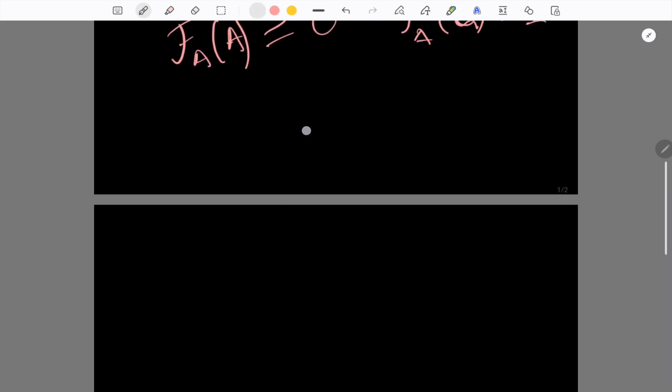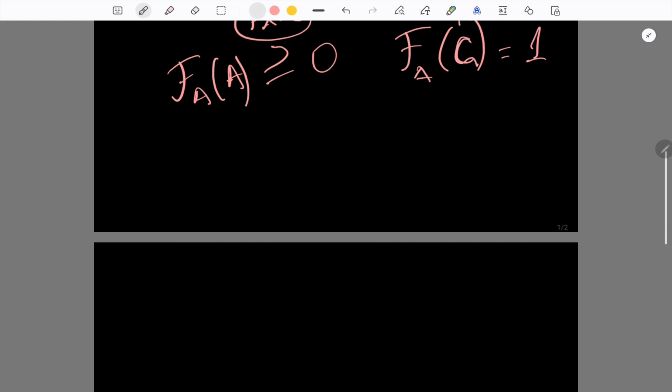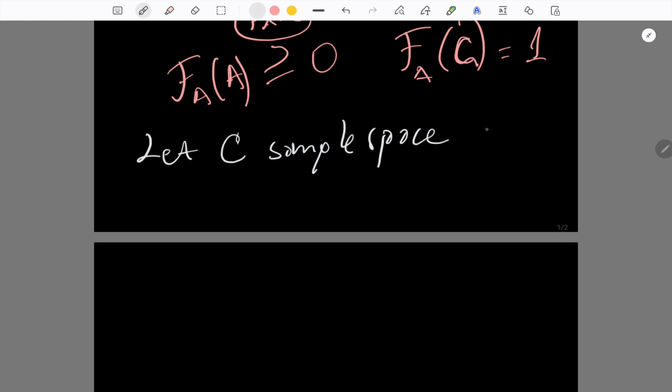So we want to define that set function in this way. Let C be a sample space, and beta a collection of events, which has specific properties in the sigma algebra, but at this moment I don't tell you anything about it.